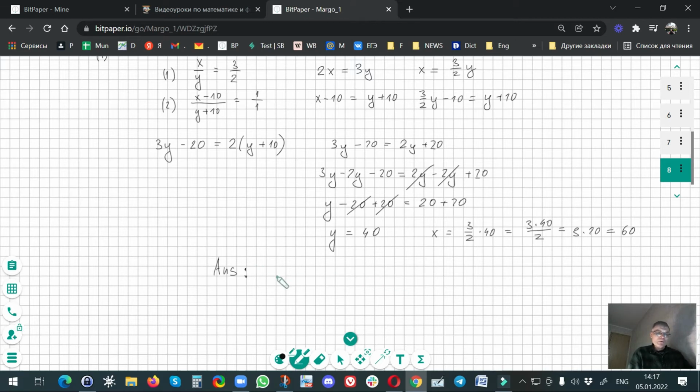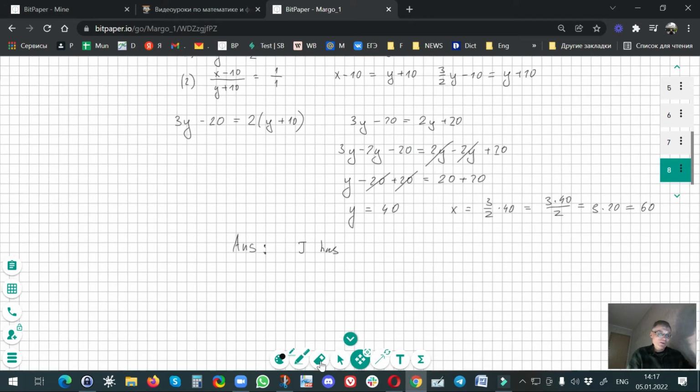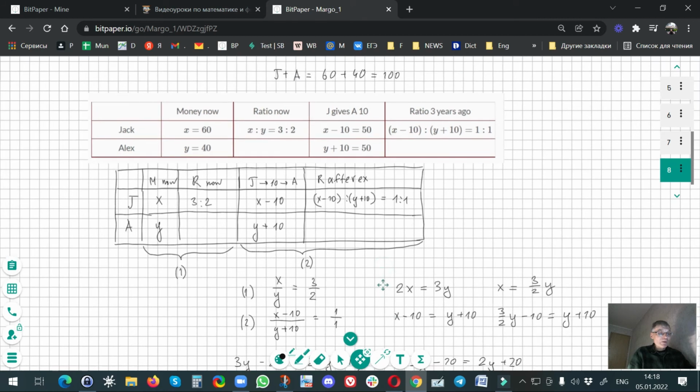And so Jack has x, which gives me 60, and Alex has 40 pounds. And that's it. Let us produce another problem of this type.